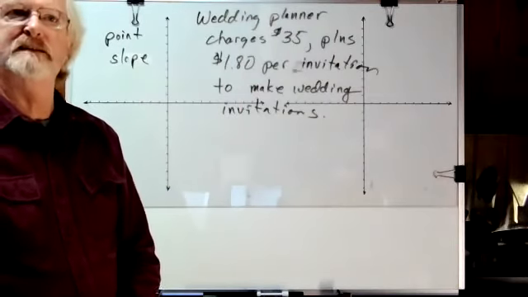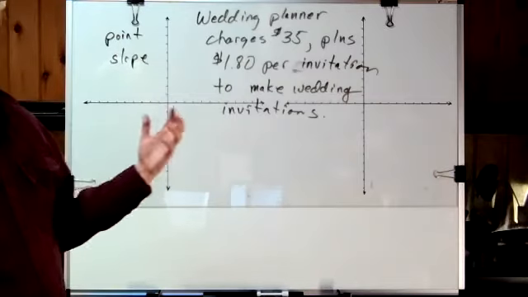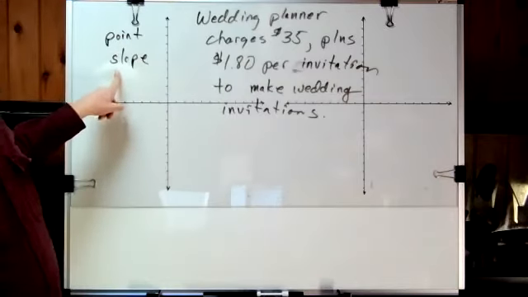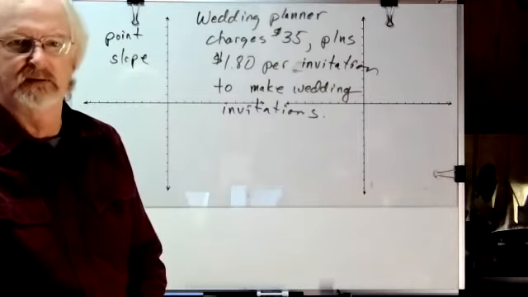What kind of information is this problem telling you? I have to write an equation. I need a point and a slope. Do I know a point?